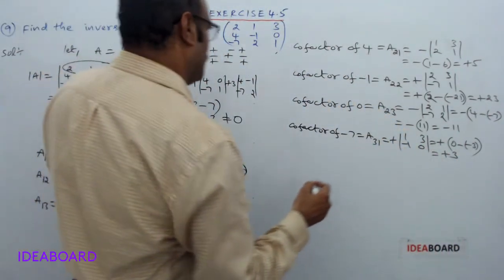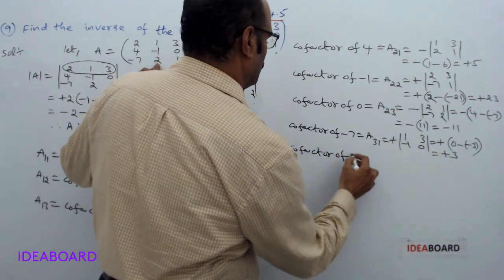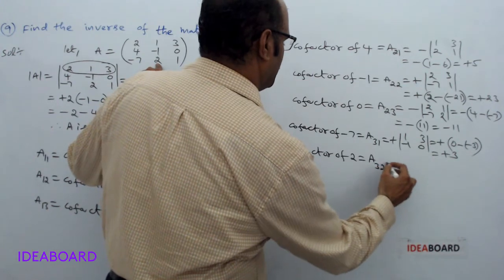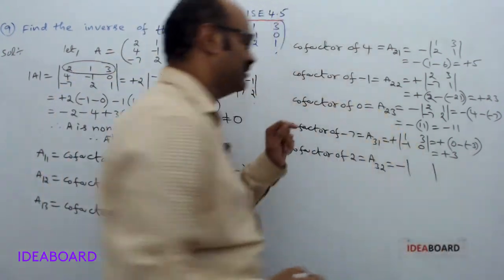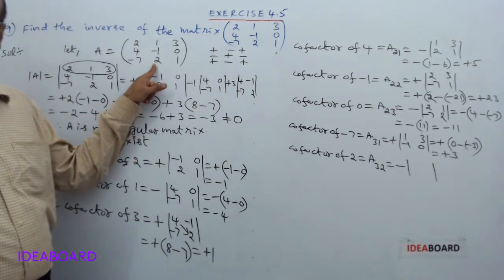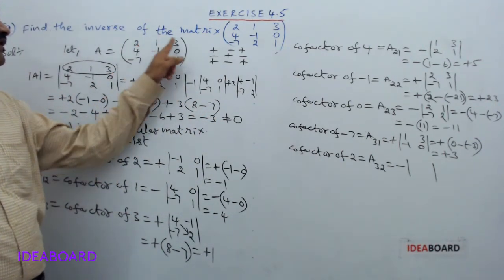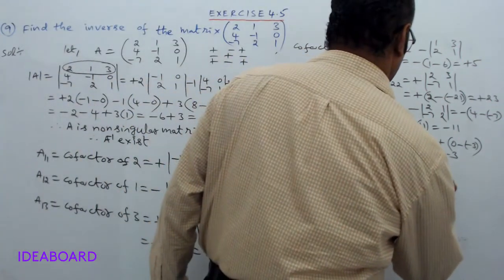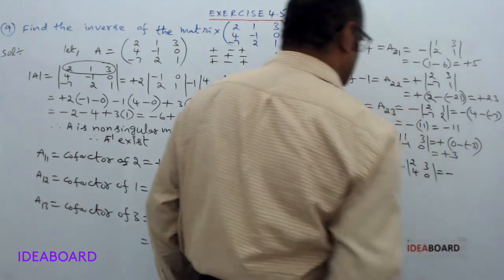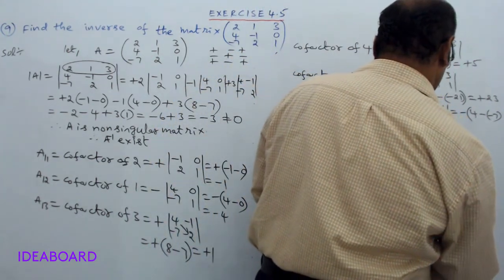Next, the cofactor of 2, A32. We have the sign minus. The element 2 lies in the third row and second column. So the remaining 4 elements 2 3 4 0, equal to minus of 0 minus 12, equal to plus 12.